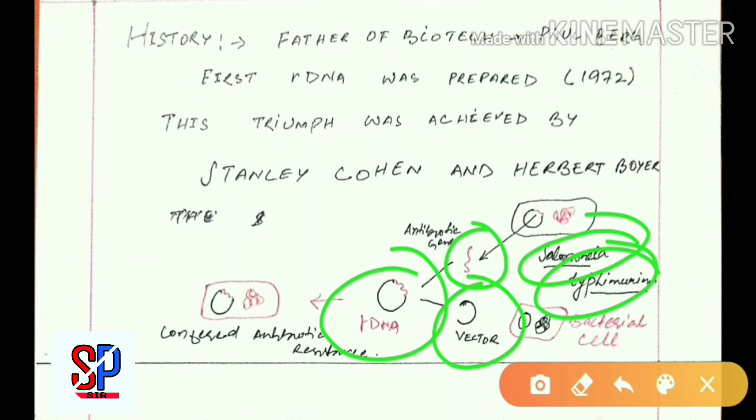And then they transferred this recombinant DNA into the host cell. They found that the host cell had been conferred antibiotic resistance by the insertion of this recombinant DNA.